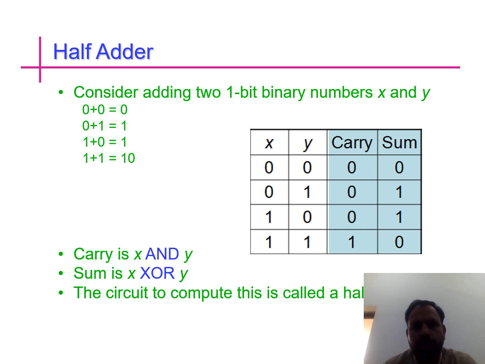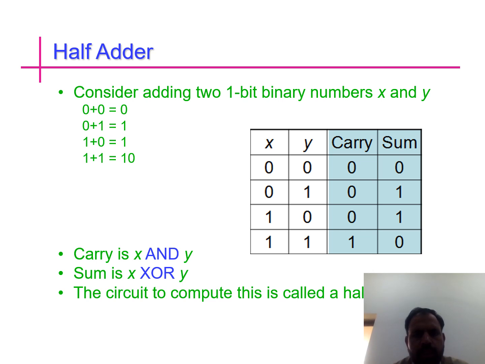If we use these columns x and y: 0 0, carry 0, sum 0; 0 1, carry 0 and the sum is 1; 1 0, carry 0, sum is 1. Now 1 1, carry 1, and the sum is 0.